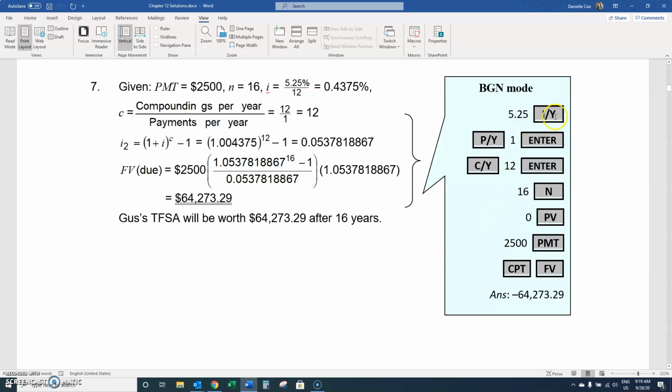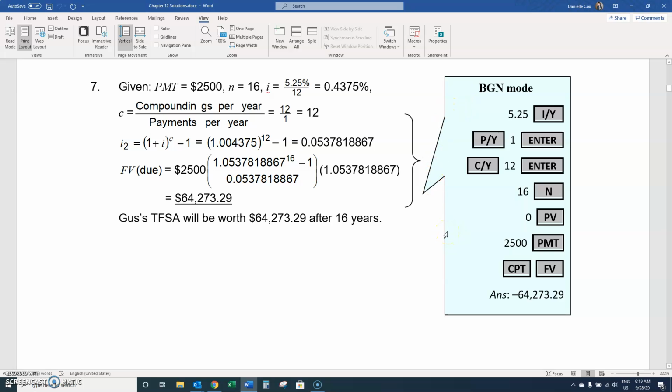Payments per year was annual, but the compounding was monthly. It was 16 years, payment of $2,500. So aside from the fact that we have to set our calculator to beginning mode, it's the exact same question that we were doing for the last couple of chapters.